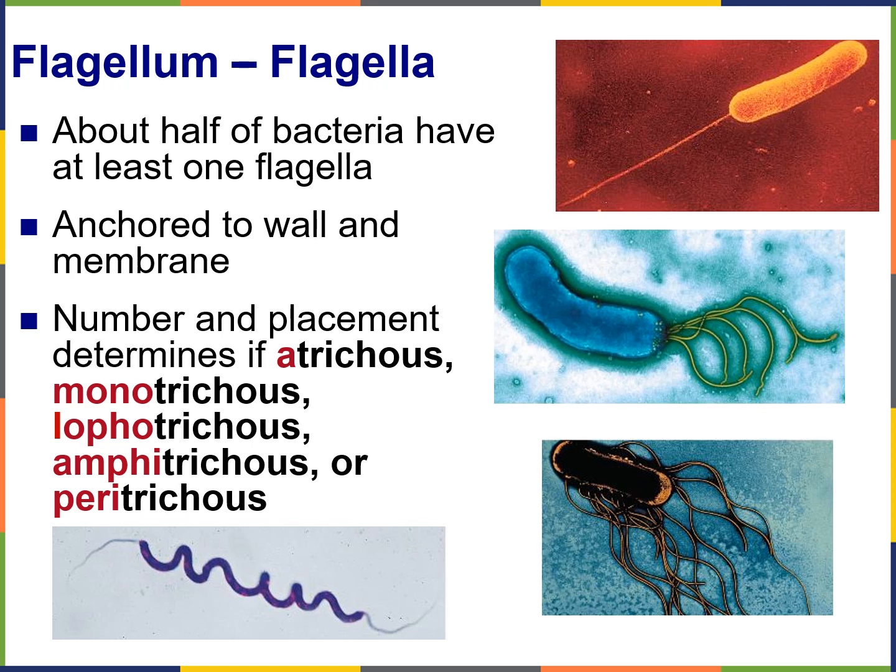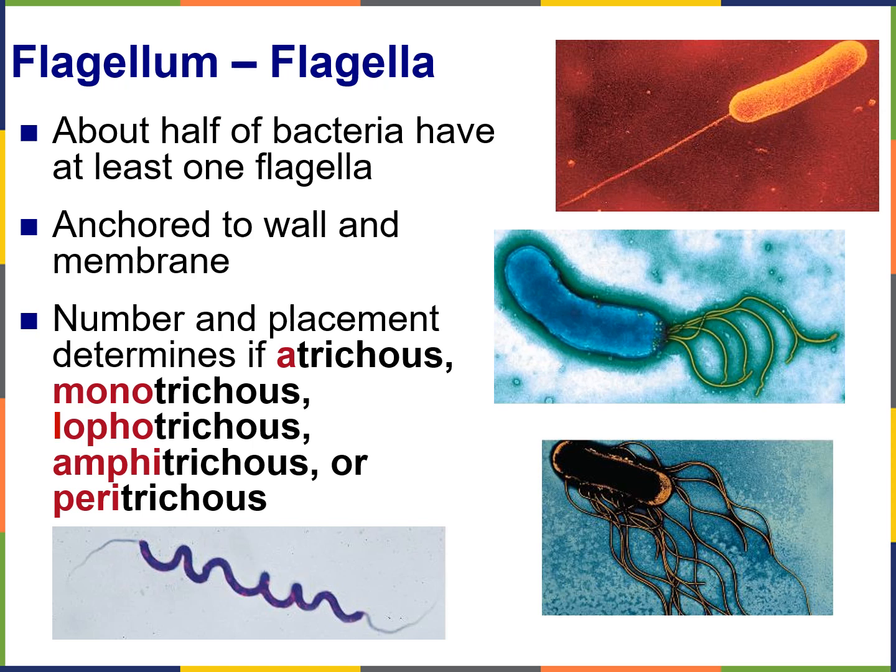Number and placement, well, there can be a variety of different placement types and numbers. So the first term is atrichous. The prefix a means without. Trichous literally translates into hair. So atrichous means without hair. But we are referring to flagella here. So atrichous means without flagella.